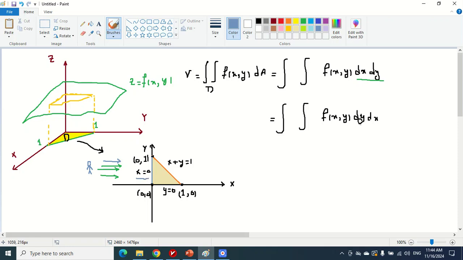So I will write the border over here: x equal to 0 is the border that they enter, and they get out of that farmland from this border, and this border is x plus y equal to 1.